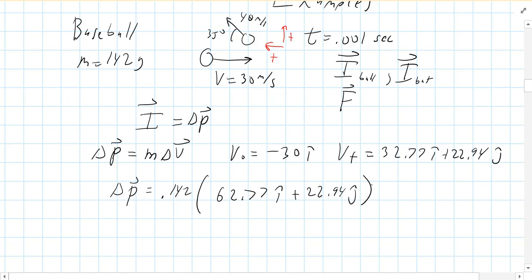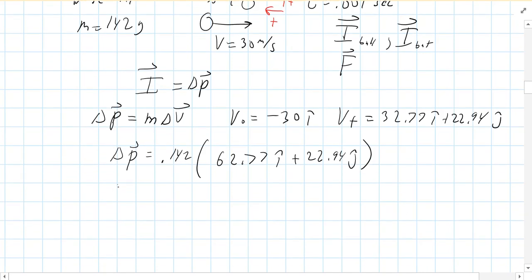And if you distribute your mass in there, I got 8.91 I hat plus 3.26 J hat. The units are kilogram meters per second.